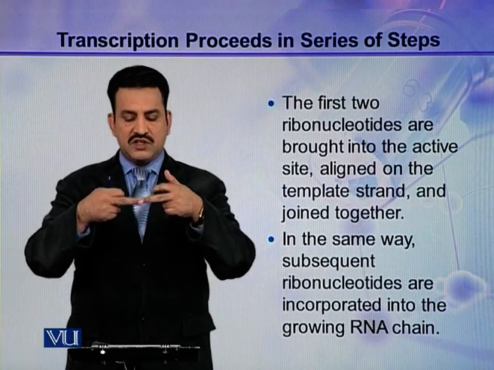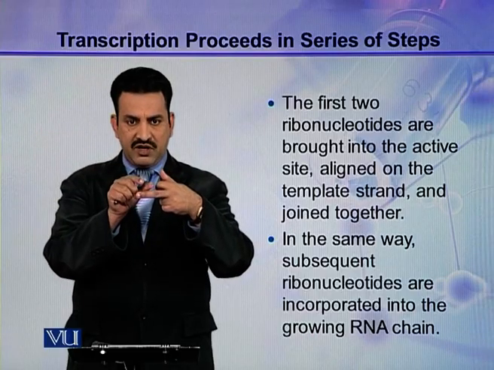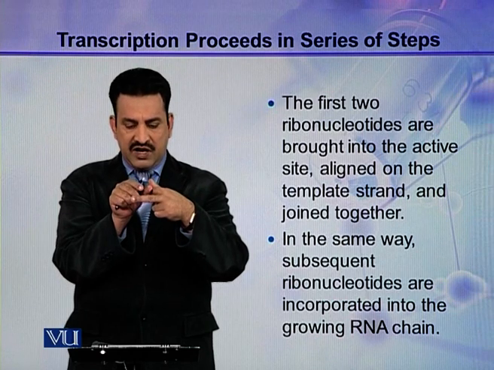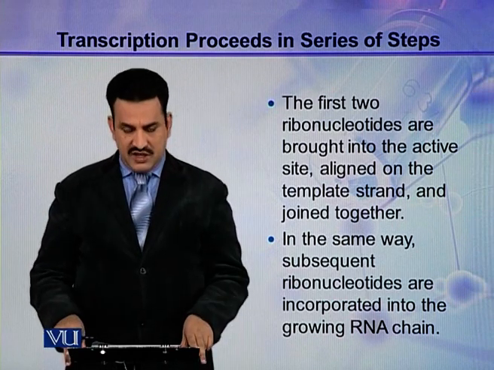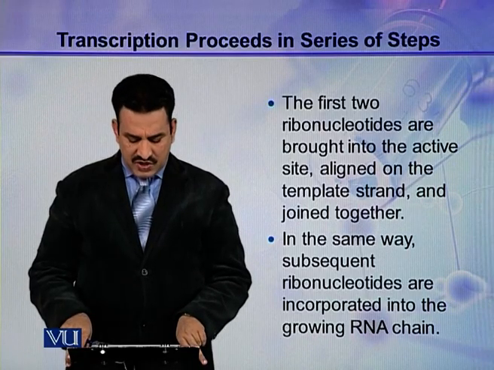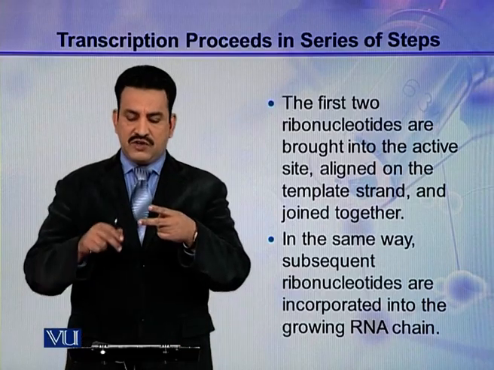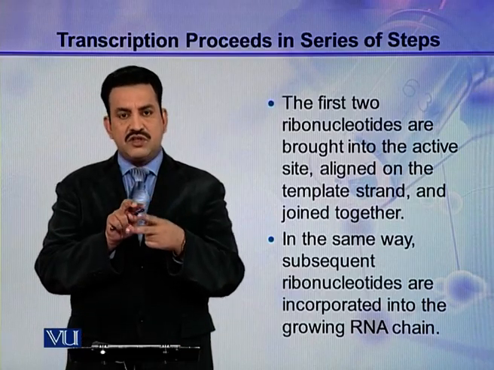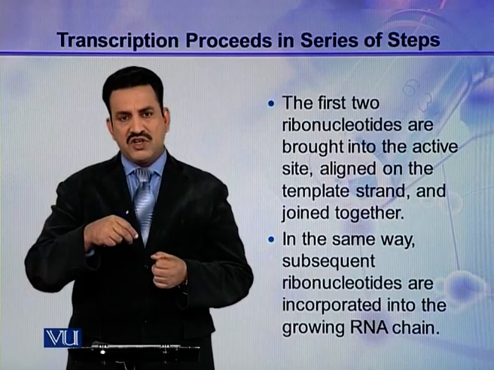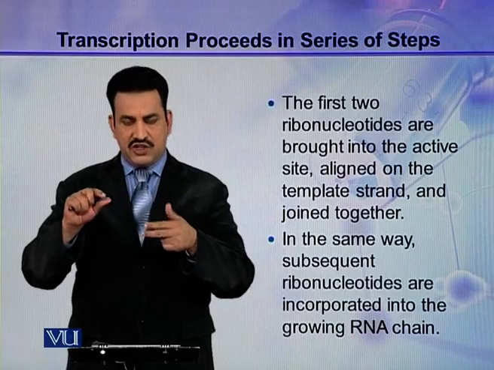So if this is the template strand, two ribonucleotides come here, they align across this template, they join together, and they stay here. In the same way, subsequent ribonucleotides are incorporated into the growing RNA chain. After the joining of these first two nucleotides, new nucleotides keep entering, and they keep joining with the existing RNA chain.